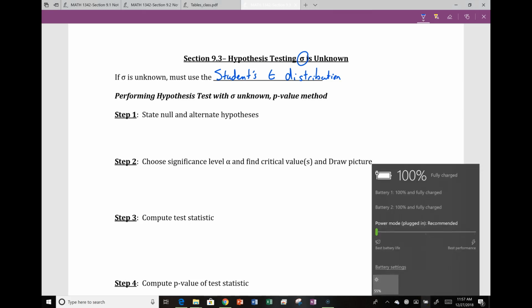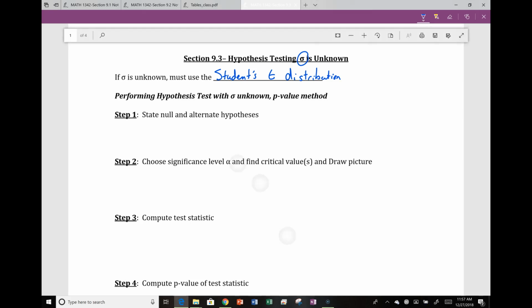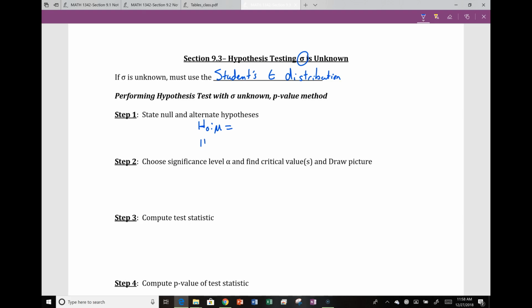We state the hypotheses in the exact same way. Our null hypothesis is still going to be mu equal to some value, and our alternative hypothesis will be mu less than, greater than, or not equal to that exact same value. We will still have an alpha, and we can still find those critical values based on the level of significance.